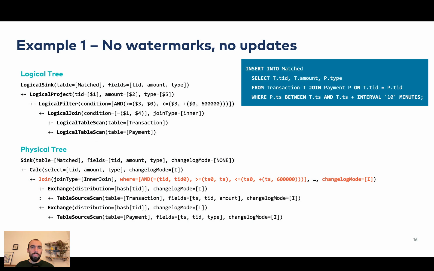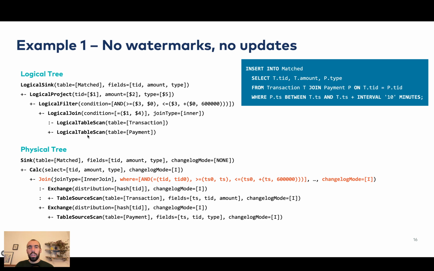But now I also brought some examples here that really show you how the three variants that I introduced earlier are executed. If you remember, our first example had no watermarks and no updates. And this is basically how the logical tree looks like.